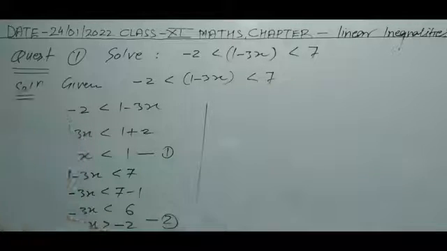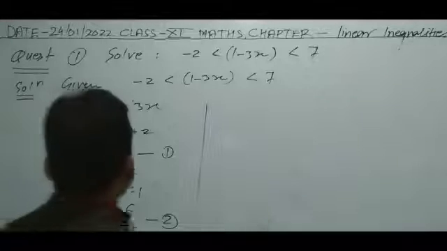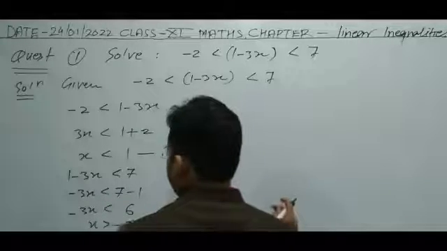Now on number line, what we can write? On number line, we can write x is lesser than 1 and greater than minus 2.